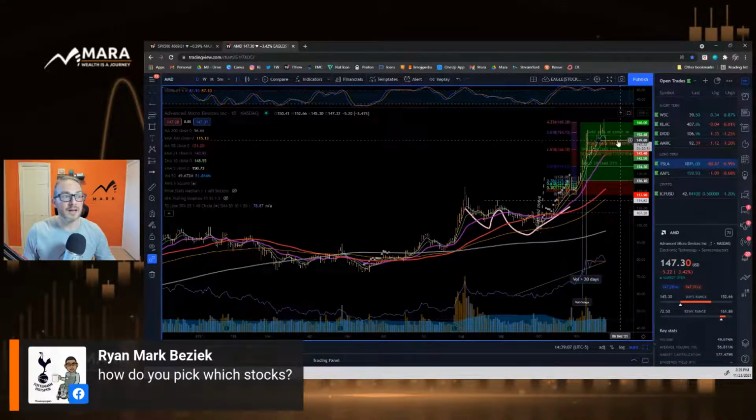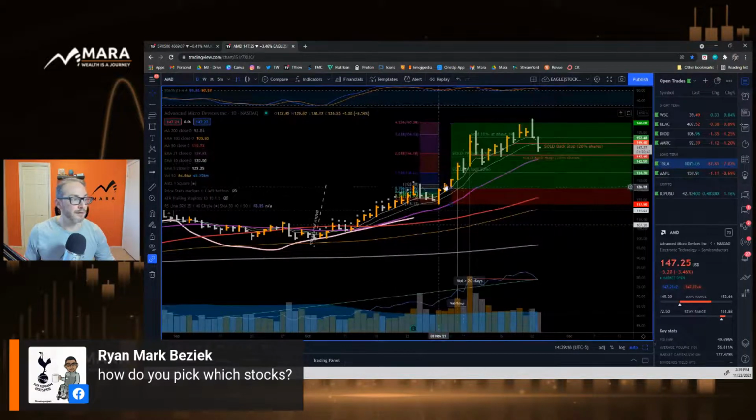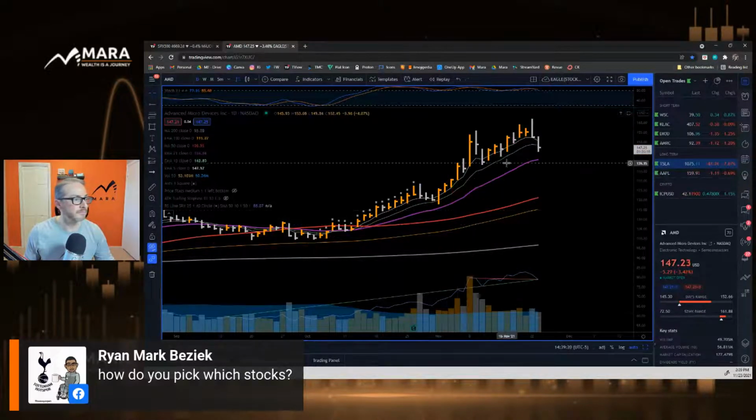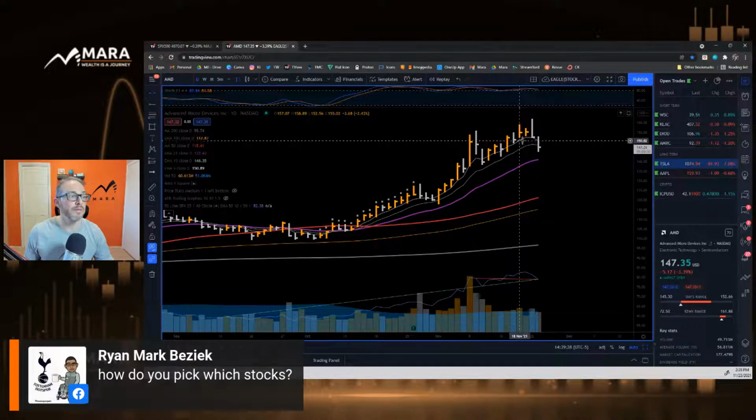And then today, I sold the last bit of it because the character was changing. If you notice, zoom in a bit from back here, take this off. Price is holding that thin gray line and that green line. You notice that? It's holding both of them.